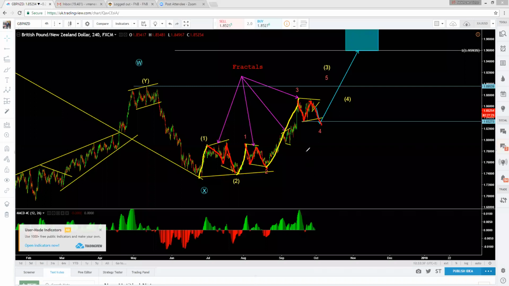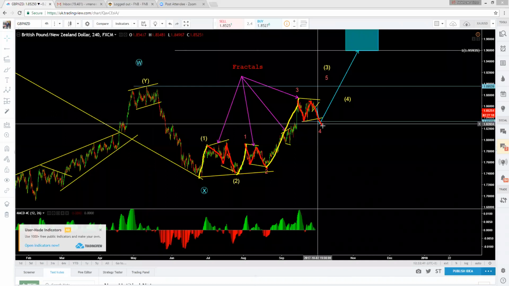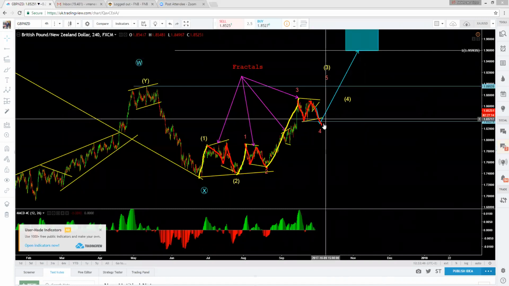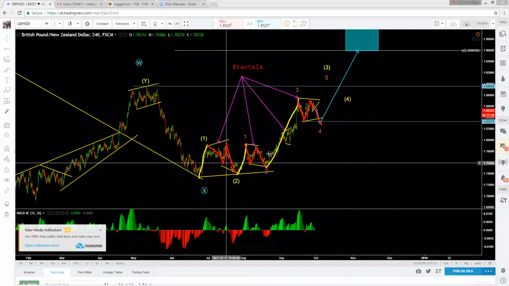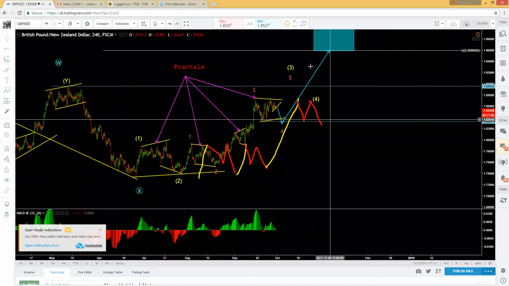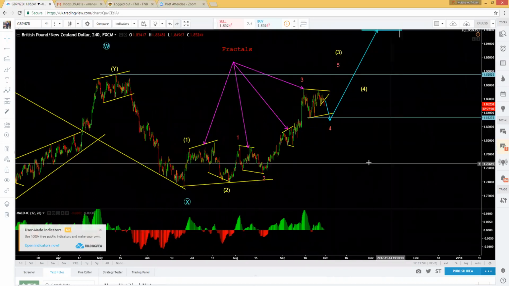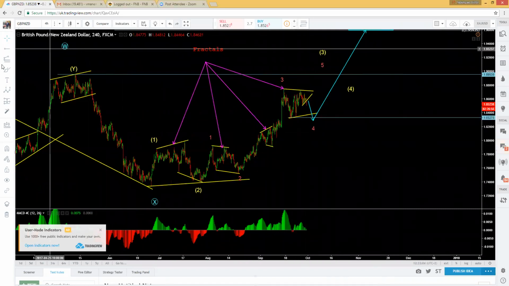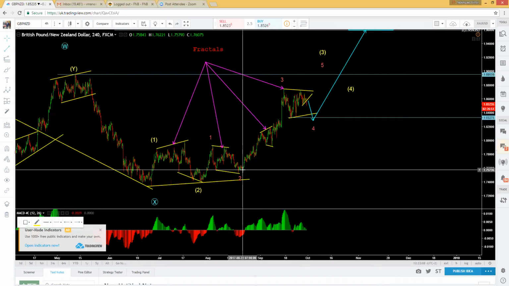Only one way. So the only thing that we're not sure of is whether it's going to break this and make an expanding flat, but we know even if it's an expanding flat, this needs to tend to the upside. And the upside is also confirmed by the fact that that string needs to be equal to this string. Some supply and demand traders, support and resistance traders will be thinking, okay, maybe even draw a trend line here.